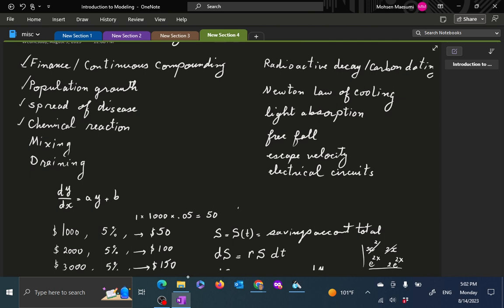Chemical reactions, also, when you have components in a container reacting with each other and creating new chemicals, well, you want to study at what rate this happens, and as the chemical reaction happens, the amount of certain substances that are making that reaction is reducing at the expense of new chemicals being produced.